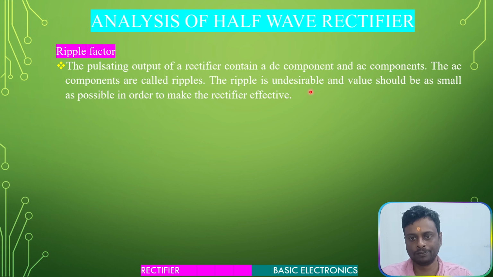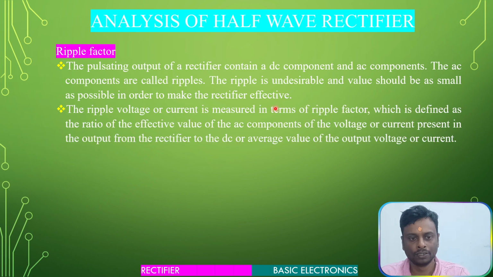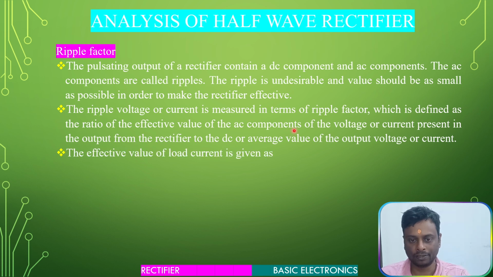The ripple factor is defined as the ratio of the effective value of the AC component of the voltage or current present in the output to the DC or average value of the output voltage or current. This is the formula for finding the ripple factor. The effective value of the load current is given by I squared equals I DC squared plus the AC RMS value squared.